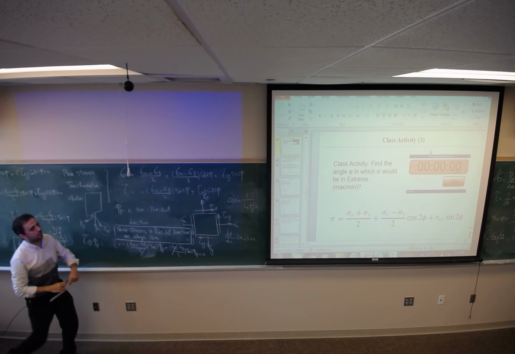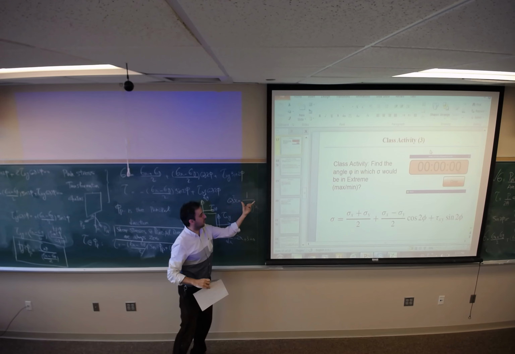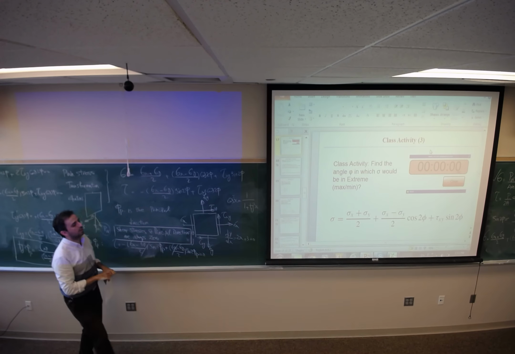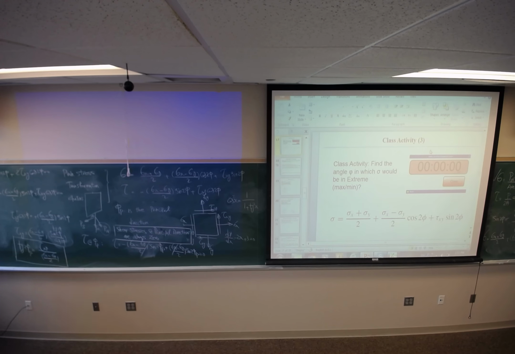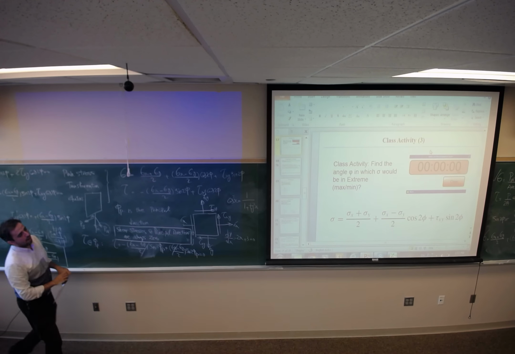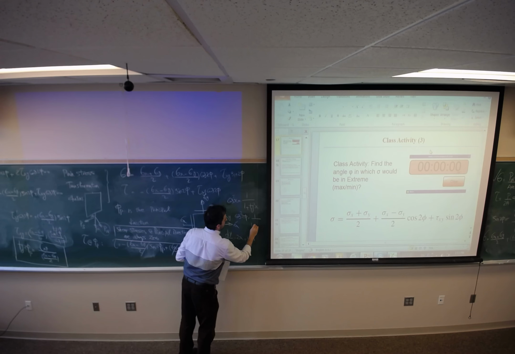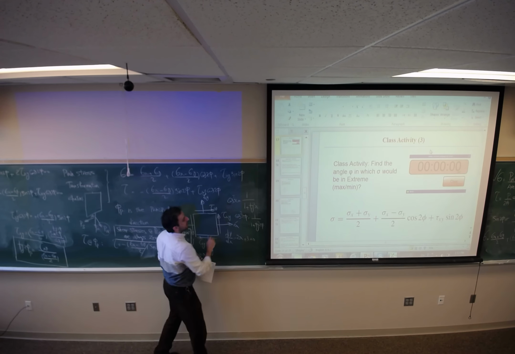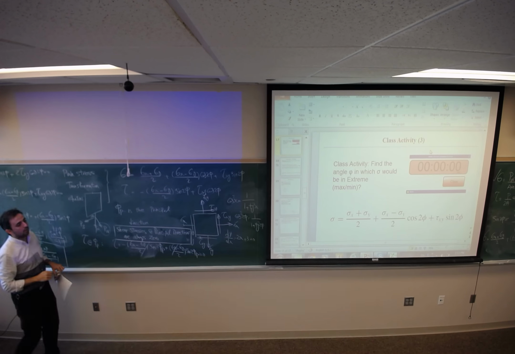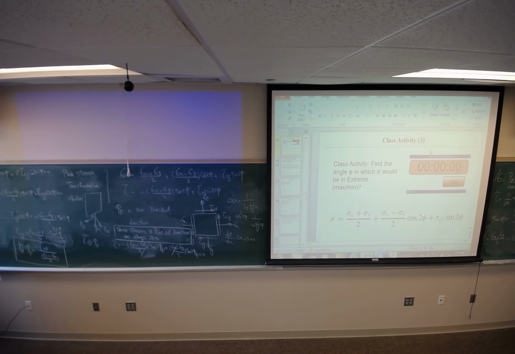Cosine square of any angle is going to be 1 over 1 plus tangent square of that angle. We can easily show that. What I'm going to do, I'm going to change x to 2 phi, and say cosine square of 2 phi is going to be 1 over 1 plus tangent square of 2 phi.